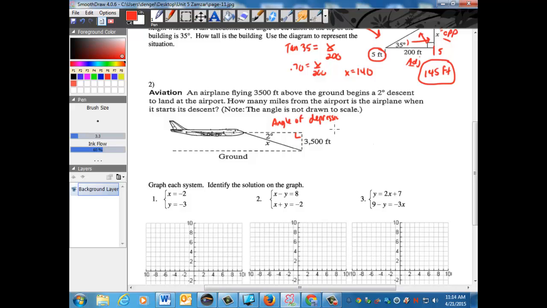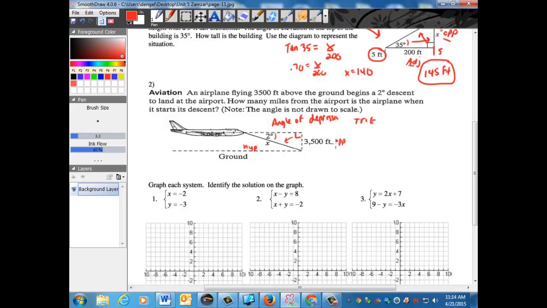But again, we're still using trig and SOHCAHTOA to solve this problem. So whether or not it's an angle of depression or an angle of elevation, we're still going to use trig to solve it. So from angle 2, I see that I have the opposite side, and side x is opposite our 90-degree angle, so this is our hypotenuse.